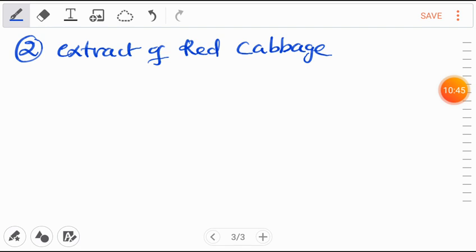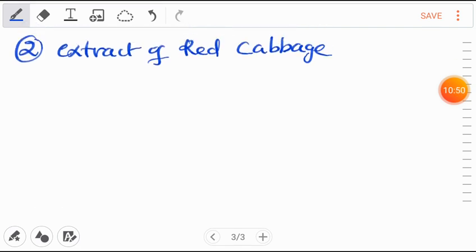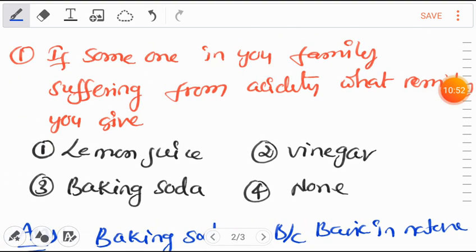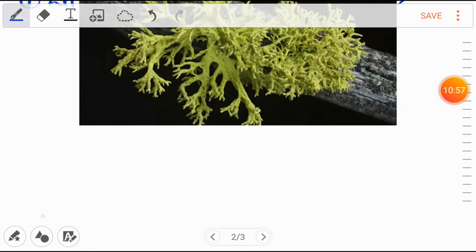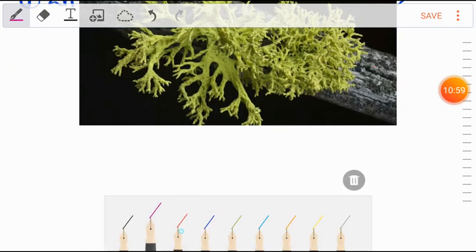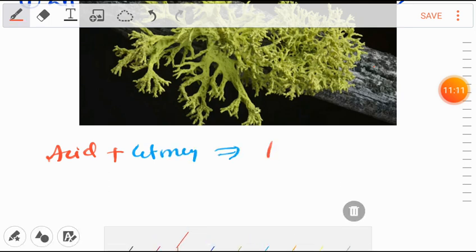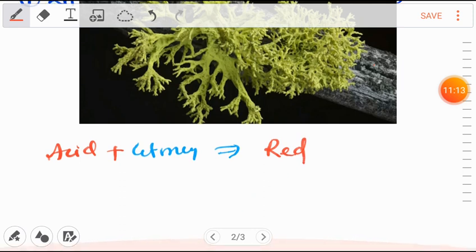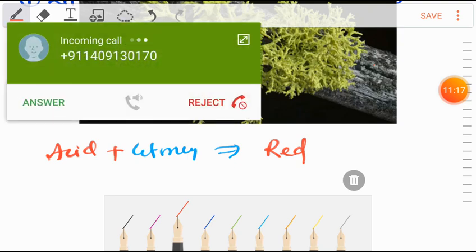Red cabbage extract can also be used as an indicator. Litmus, once again I will recall: acid plus litmus gives red. To remember this, always remember that acid is a dangerous color.